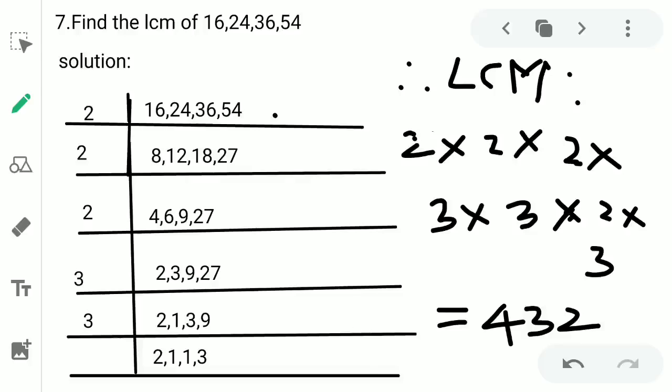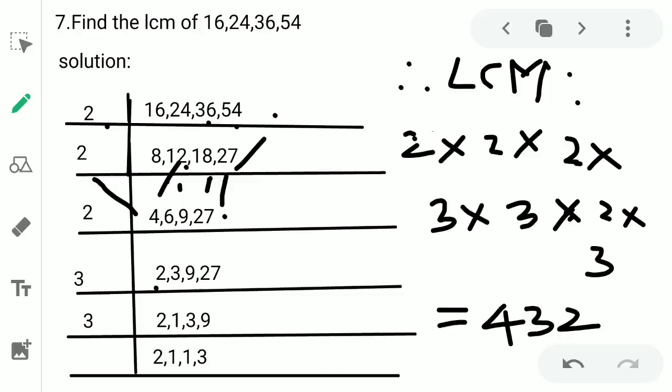So when I multiply, 2 8s are 16, 2 1s are 2, balance 1, 2 8s are 16, 2 2s are 4, balance 1, 2 7s are 14. And again taking LCM, 2 4s are 8, 2 6s are 12, 2 9s are 18, 27 as it is I am writing here.